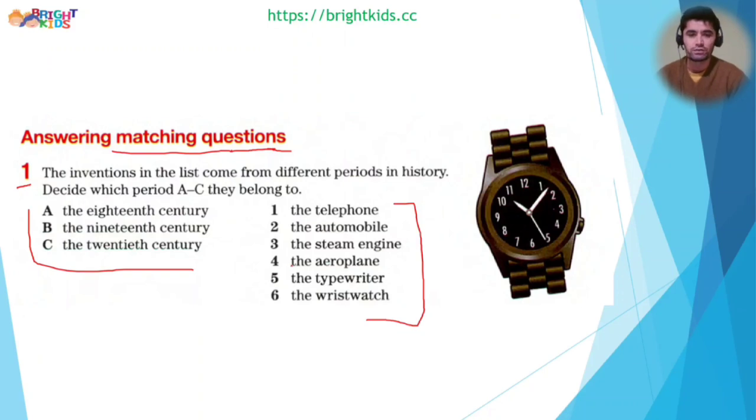And you don't really have to be very knowledgeable to find these answers. Just guess the inventions with the centuries. It's okay. So we have the telephone here, the automobile, the steam engine, the airplane, typewriter, and the wristwatch. Now I'll give you some time to put your own answers, and then I will reveal the correct answers.